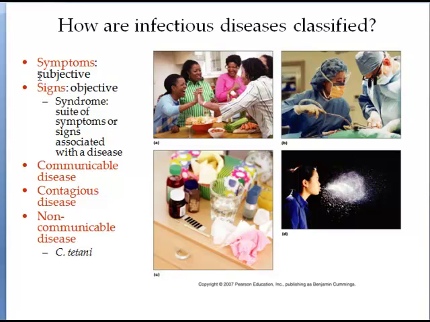These are fairly subjective, because some people have a stronger pain threshold, and it's very difficult to measure pain. However, a specific group of signs and symptoms is called a syndrome, and these are actually easier to diagnose and associate with a disease.